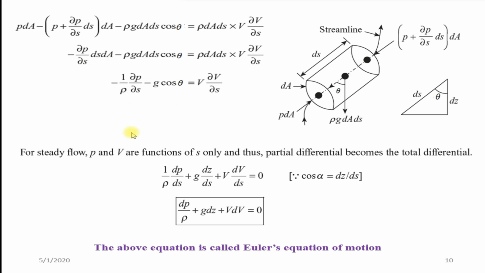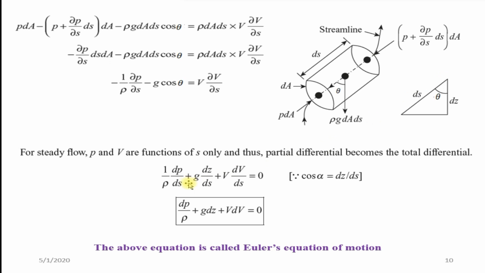So now this velocity is a function of s only, so we can write the partial derivative as a total derivative. So 1 by rho dou P by dou S is written as dP by ds plus G into, what is cos theta? From this triangle, cos theta is equal to adjacent by hypotenuse. Adjacent is dz divided by ds.